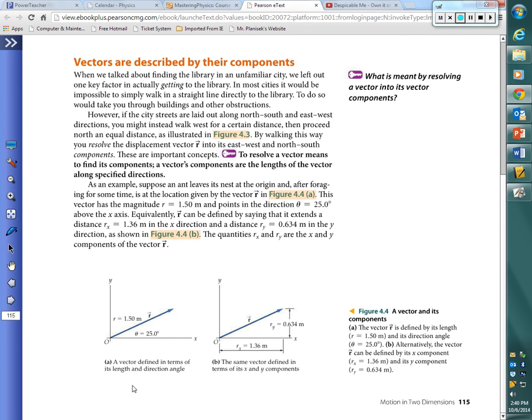Here's figure 4.4, and 4.4a gives you a displacement vector. What's the magnitude of that displacement? 1.5 meters, right? And then the direction they have given to us as an angle in relation to the positive x-axis, okay?